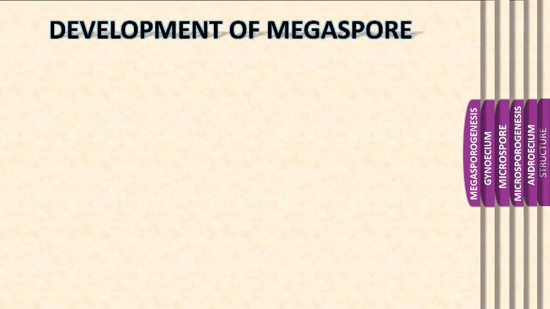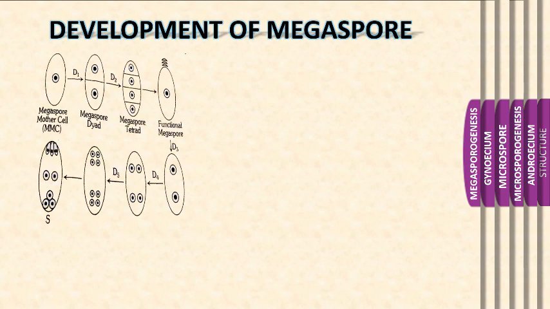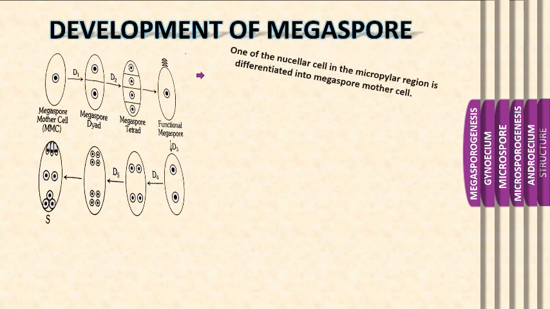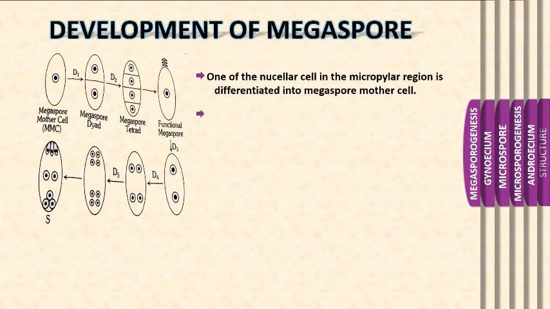After the female reproductive organ, we are going to discuss development of the megaspore. Megaspore is the functional cell of the female reproductive system. The megaspore mother cell, in this diagram, is undergoing meiotic division, and the result is a tetrad of four megaspores. Here three megaspores will degenerate and only one will remain functional.